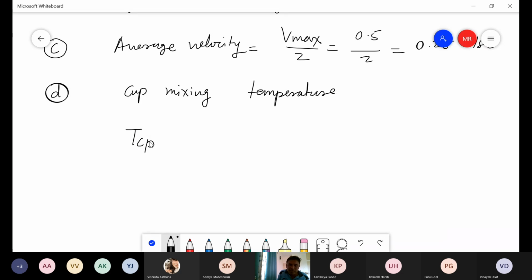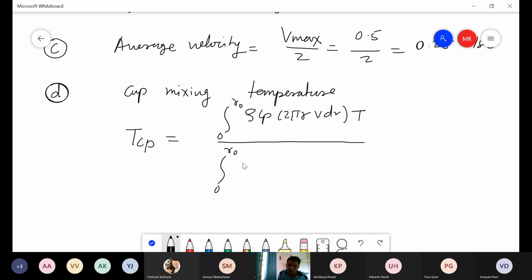So T cup mixing is defined as the integral from 0 to R naught of rho Cp 2 pi R V T dR, divided by the integral from 0 to R naught of rho Cp 2 pi R V dR. What this equation gives me is an average temperature, averaged over energy.